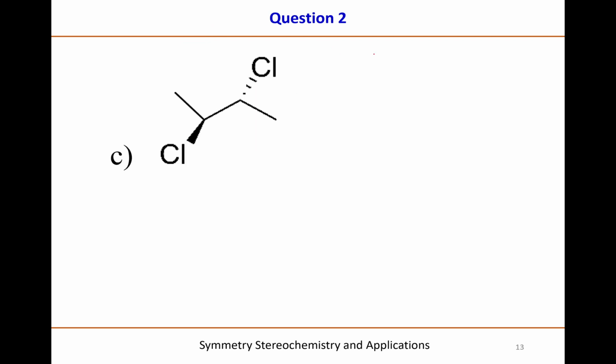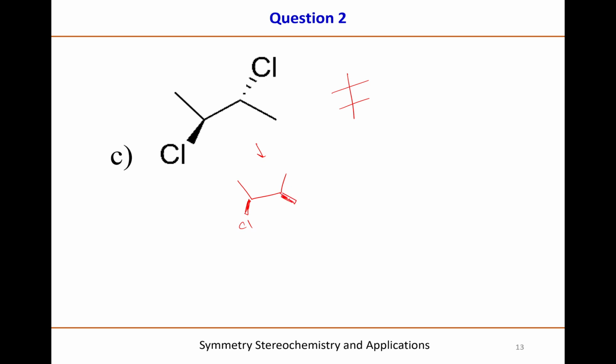The next question is here. Here you can see we have 2,3-dichlorobutane, correct? If I draw it in a Fischer form, I will first convert it into this form, Cl.